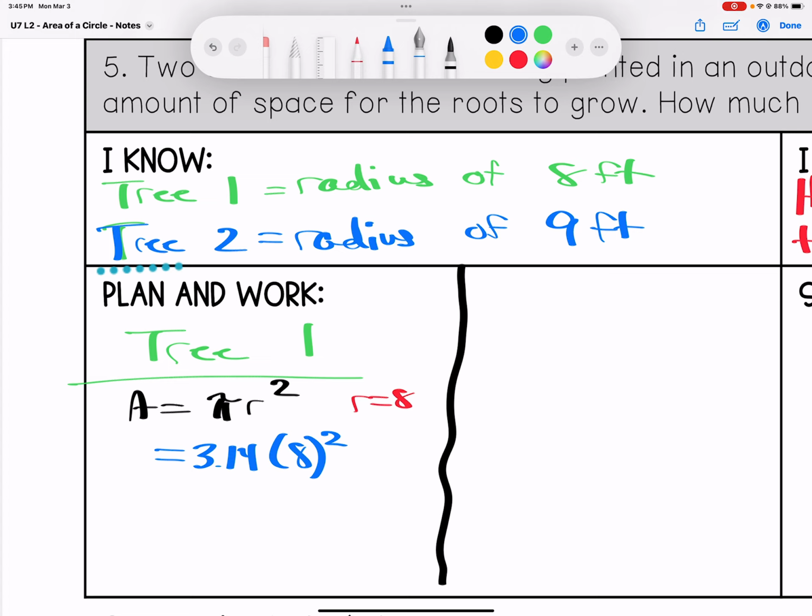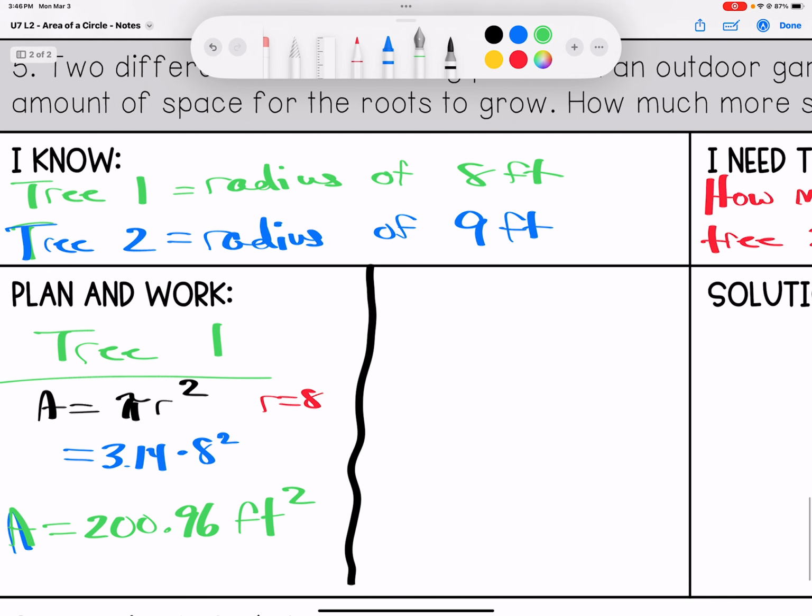Enter that in your calculator. 8 squared is 64, so you can do 3.14 times 64, or you can enter it all in your calculator. I'm good with that. So in your calculator, you would go 3.14 times 8, and then press the button to square it, and you're going to get area equals 200.96, and we're talking about feet squared.